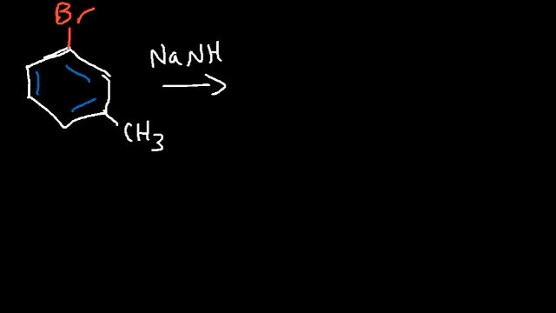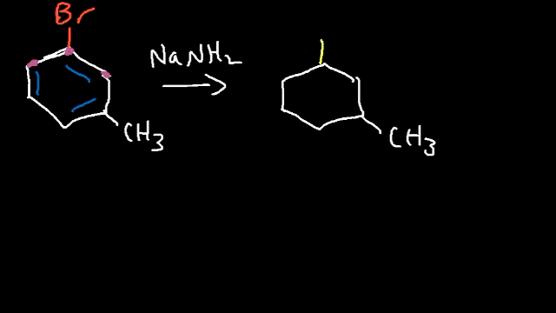Now, let's put the methyl group meta with respect to the Br. And let's add NH2. The NH2 can go on the carbon that has the Br. It can go 1 carbon to the left or 1 carbon to the right. And so we can put it here. This is going to be 1 product.